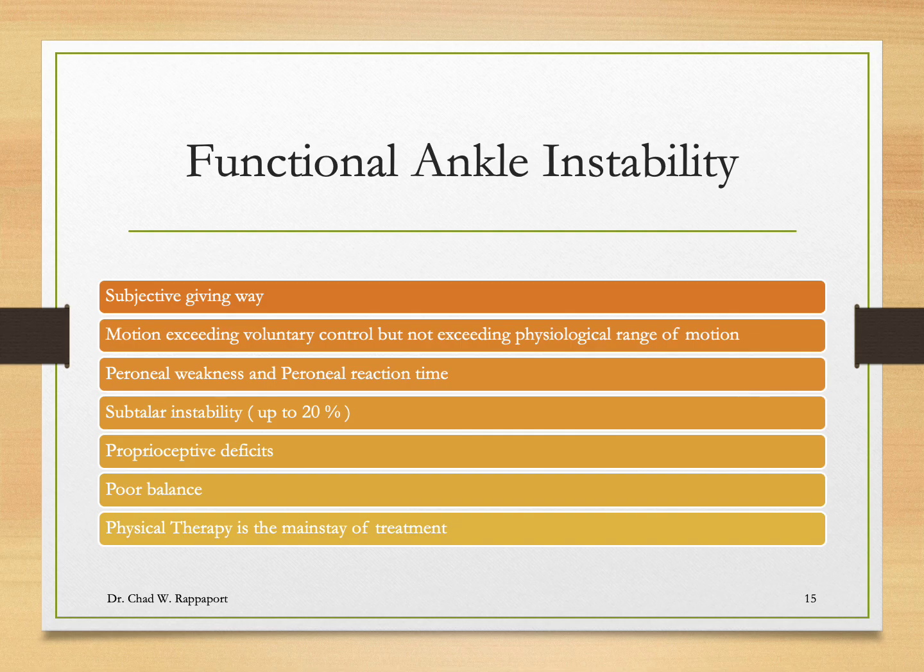There's typically peroneal weakness and reduced peroneal reaction time, and in up to 20% we find that patients have underlying subtalar instability as well. These patients have proprioceptive deficits and poor balance, and physical therapy and bracing are the mainstay of treatment. These patients are much less likely to require surgical stabilization than patients who have mechanical instability.